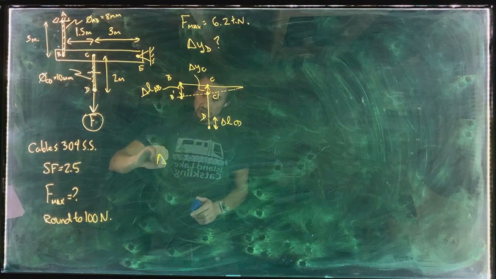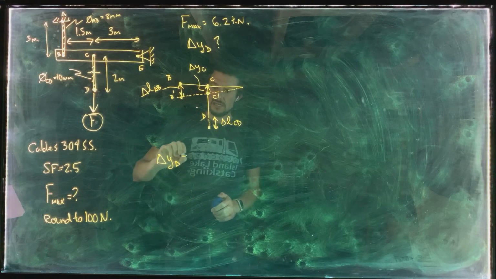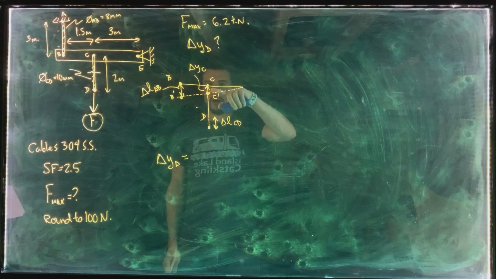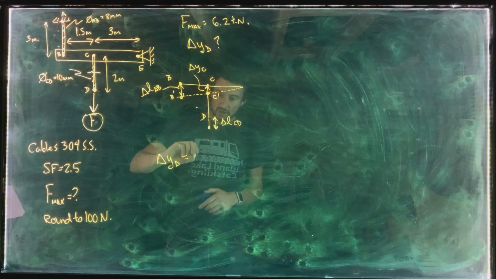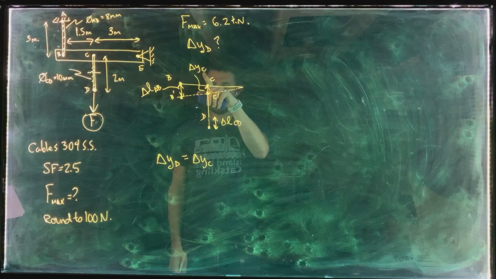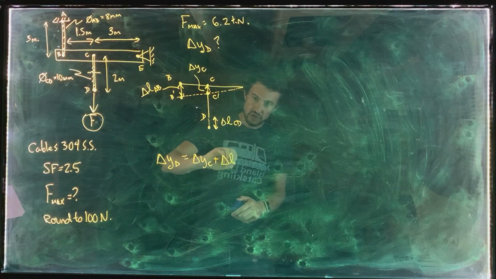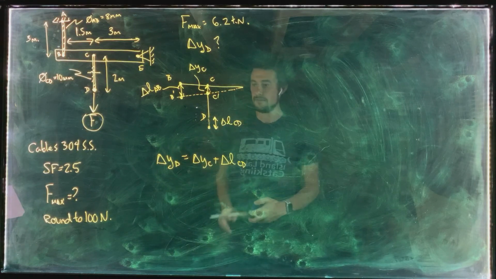So the change in vertical position, delta y, of point D is going to be equal to the change in position of point C, plus the elongation of LCD, okay?